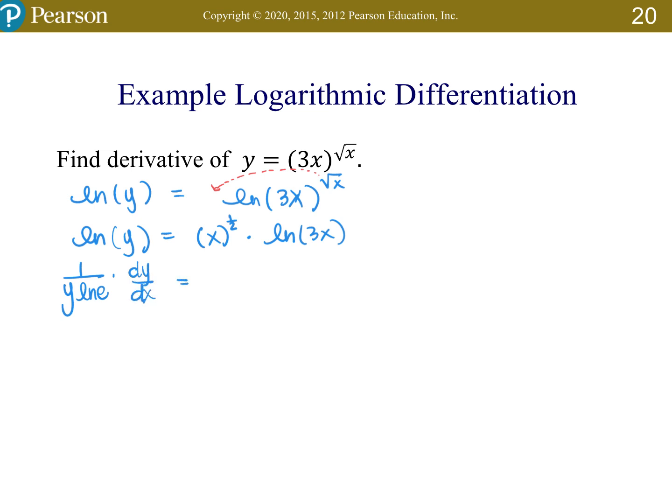The product rule on the right will give me the natural log of 3x times the derivative of x to the half, which becomes x to the negative half times half, plus x to the half. And then the derivative of the natural log portion of it, which will be 1 over 3x times ln e, and the derivative of that, which is 3.